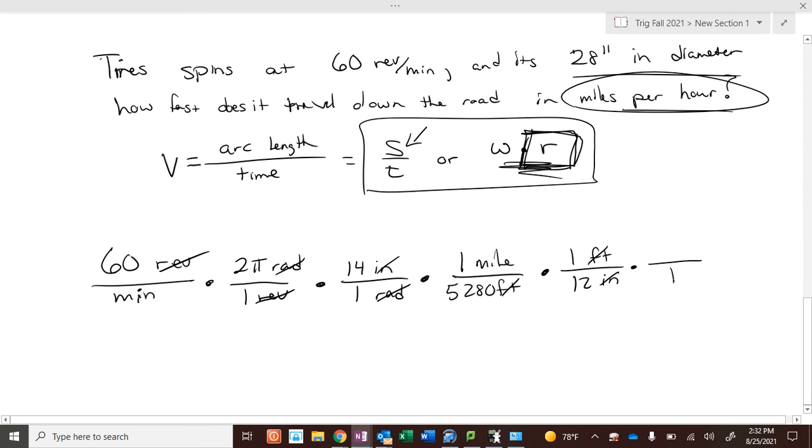So I want hours on the bottom. So in 1 hour, there are how many minutes? 60. And this, you need a calculator, please. 60 times 2 times pi, and hit the pi button, times 14, times 60, hit equals, divided by 5280, hit equals, divided by 12, hit equals.